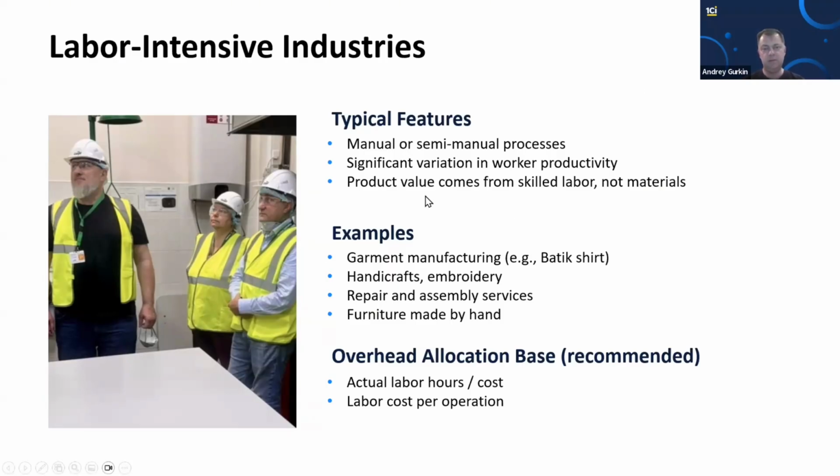Or there is significant variation in worker productivity, or product value comes from skilled labor, not materials. Different examples: garment manufacturing, like today's batik shirt, handcraft, repair, assembly services, etc. In this case, these companies can choose actual labor hours or cost, depending on what is more appropriate for the particular case, or labor cost per operation.